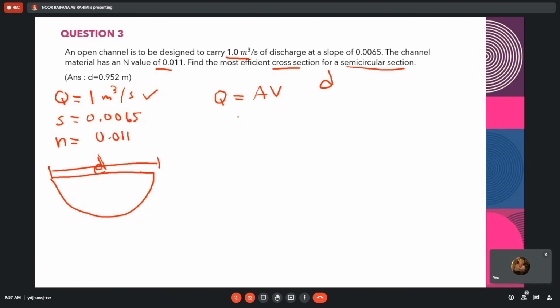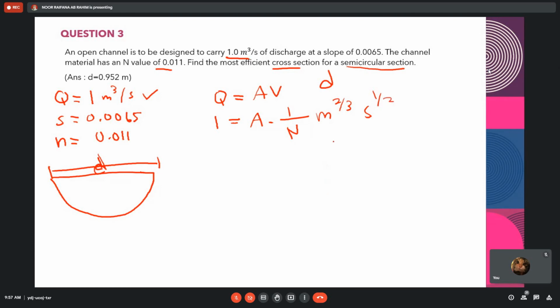Okay. So since Q is given, so kita letaklah the value of Q is equal to area. Area kita tak tahu, tak tahu apa nak kira sebab kita tak tahu dia punya diameter. And then velocity, equation for velocity is 1 over n, M 2 over 3, S 1 over 2.